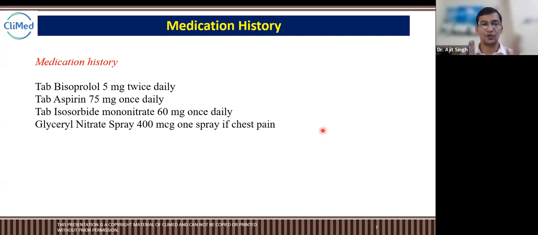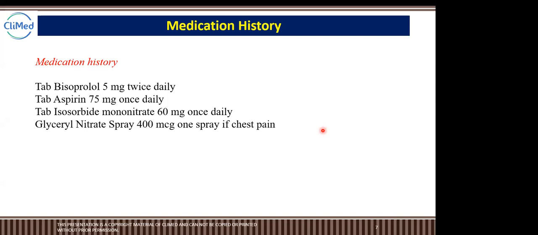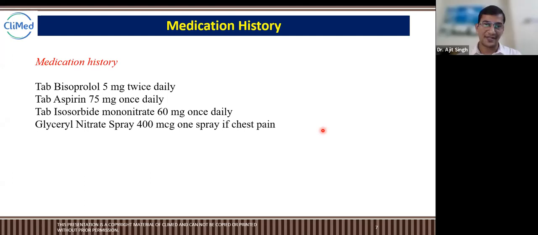Okay, so focus now. Medication history. The patient was on bisoprolol 5 mg twice daily. Okay, for what? Hypertension. It's a beta blocker. Okay, for hypertension.